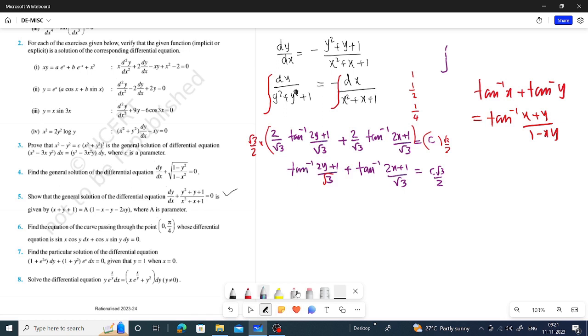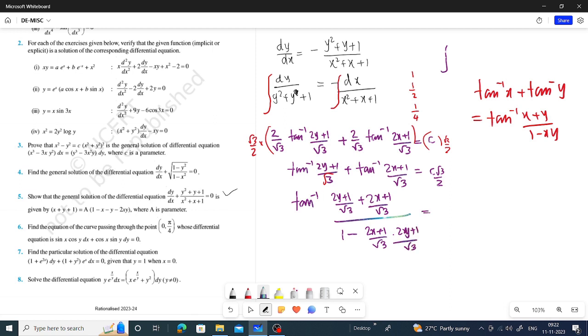Tan inverse, x is 2y plus 1 by root 3 plus y is 2x plus 1 by root 3 whole divided by 1 minus 2x plus 1 by root 3 into 2y plus 1 by root 3.